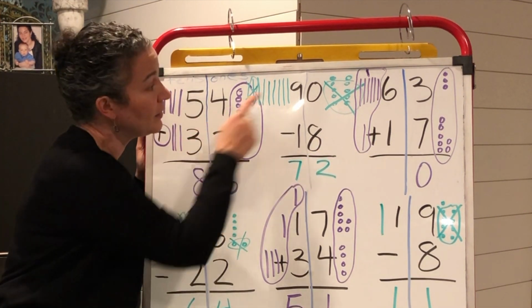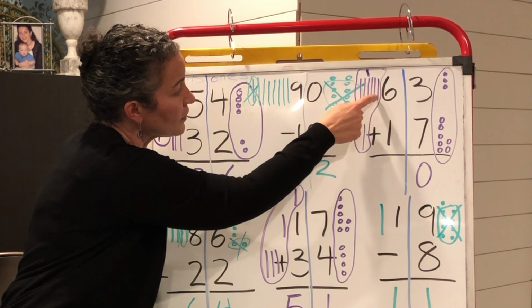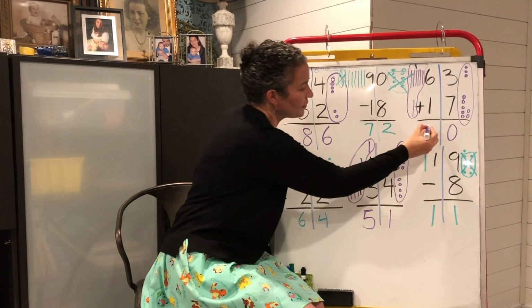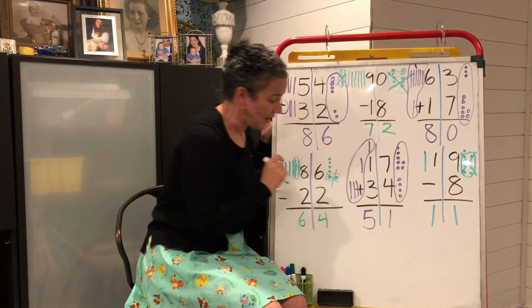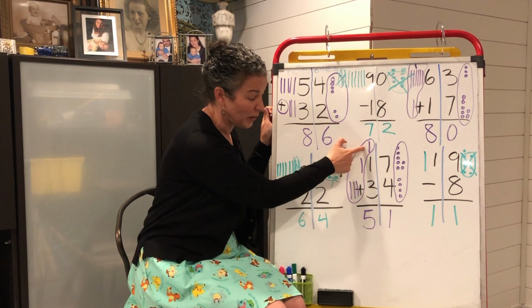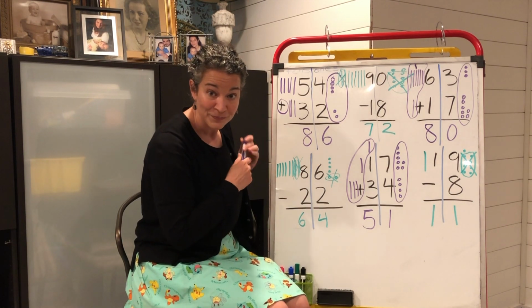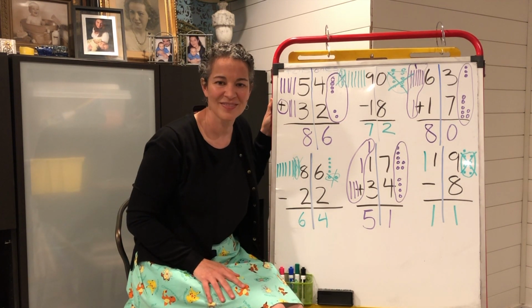Let's do it again. Ready? 10, 20, 30, 40, 50, 60, 70, 80. So my friends, the sum of 63 plus 17 is 80. And my friends, notice we had to do that where we moved the 10 rod over on this problem as well. That's called regrouping. All right, my friends, take a second, see if we match on the rest.